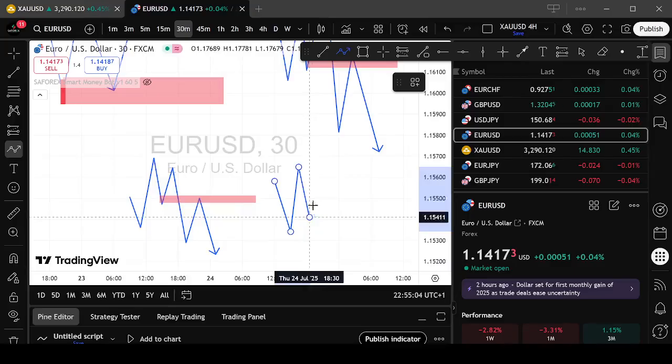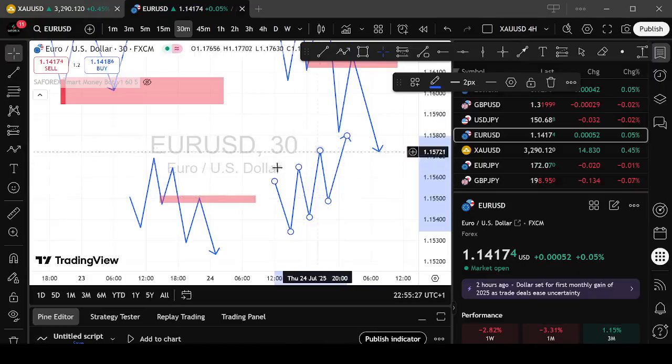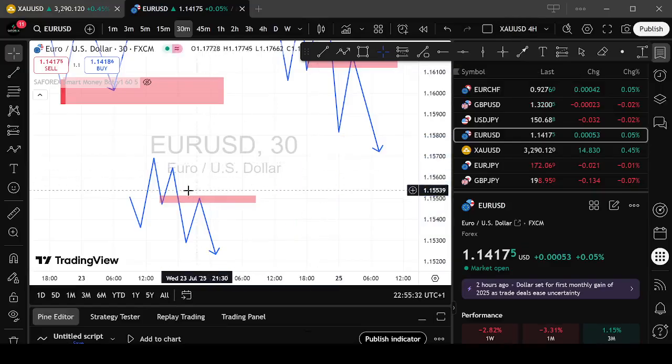Fail to break, right? Then we box it out, wait for the market to come into the zone here. Then we pick a trade and go in the opposite direction, either way. Same pattern, like that.